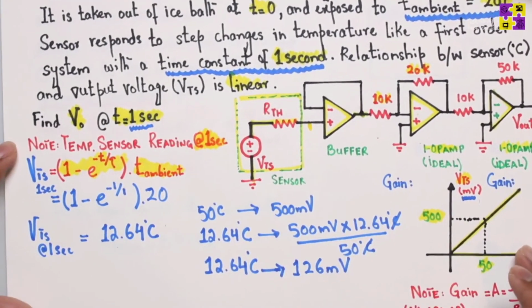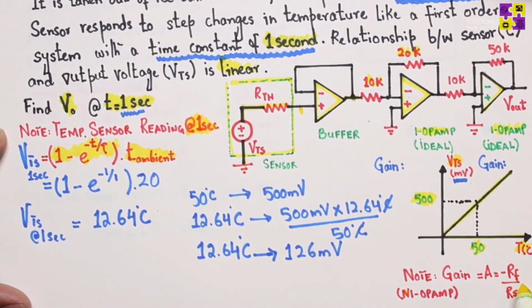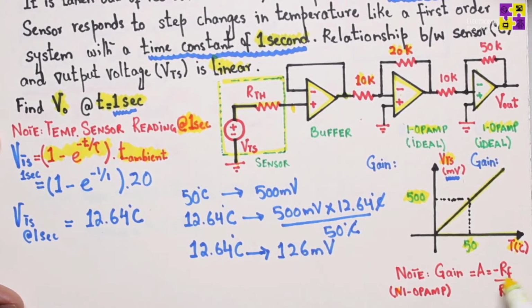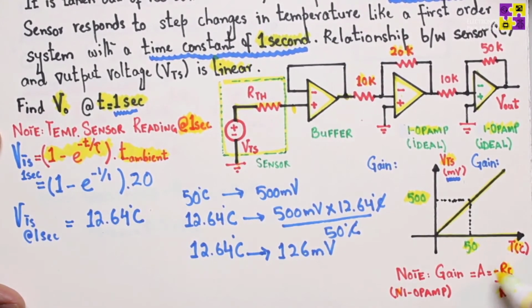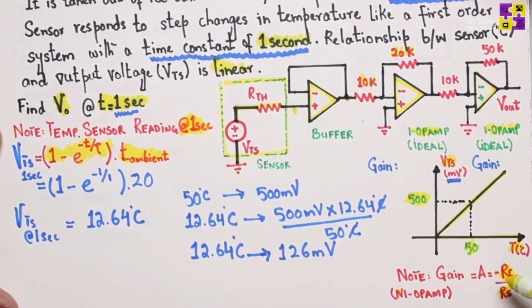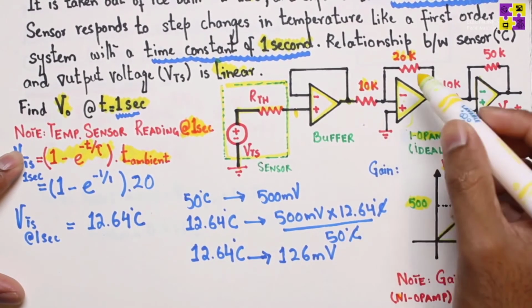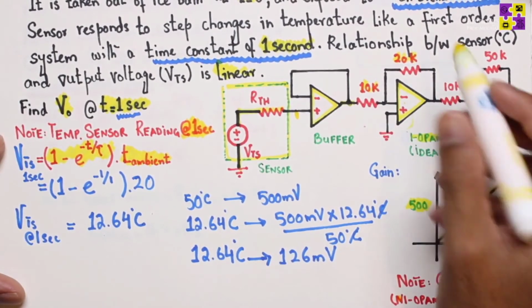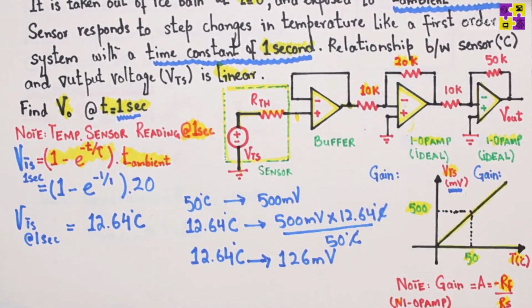And we know from the previous problem, for the inverting amplifier, the gain is equal to negative RF over RS, right? Negative RF over RS. I'm just going to simply ignore this negative sign because it just really means a phase shift and we really don't need to worry about it. And if I look at it, for this amplifier, feedback resistor is 20K, source resistance is 10K.